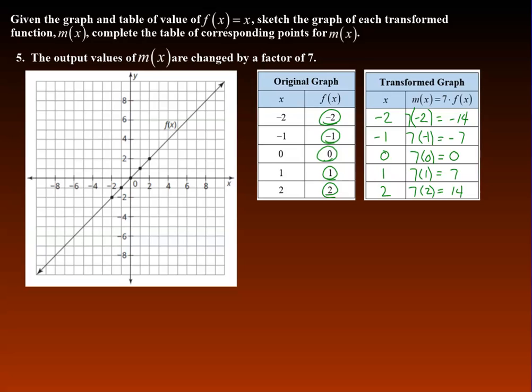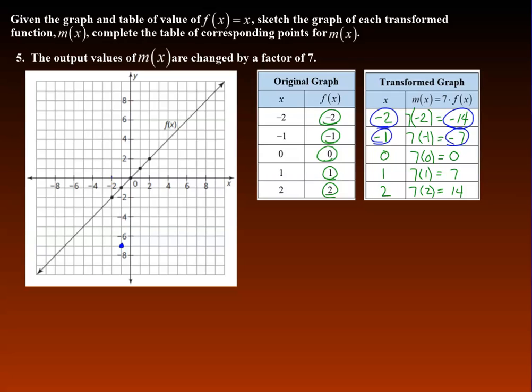And so then we can go ahead and plot all these points. We have our x value, comma the y value, so -2, -14 is not on my graph, so I'm not going to plot that one. Then we have -1, -7, which is right around here.